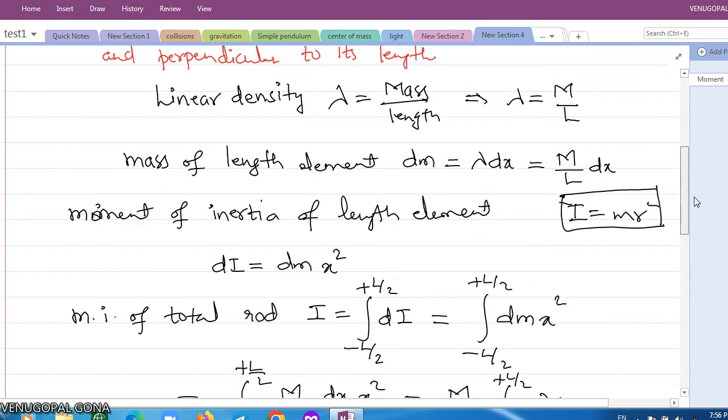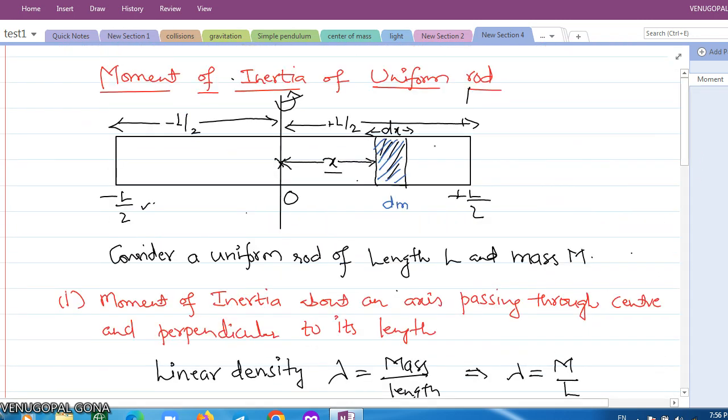Now if you want the moment of inertia about an axis that is passing through one of its ends, whether the right side end or left side end, no matter, we are going to calculate that one here.